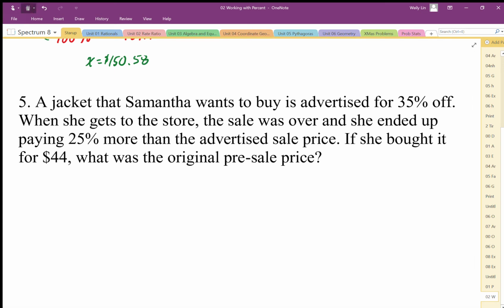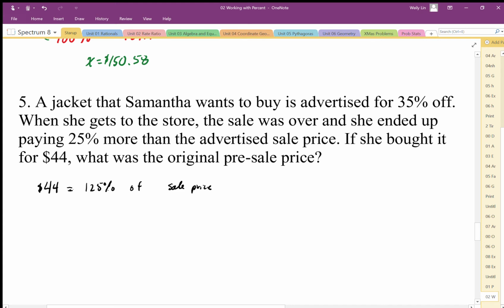So we can work backwards on this and say, well, she bought it for $44. What does the $44 represent? She ended up paying 25% more than the advertised sale price. So the advertised sale price, let's sort this out. This is going to represent 125% of the sale price.